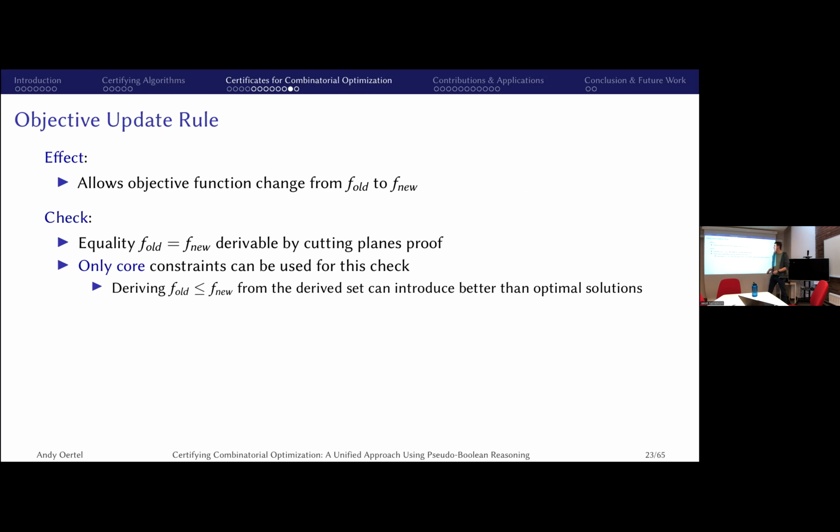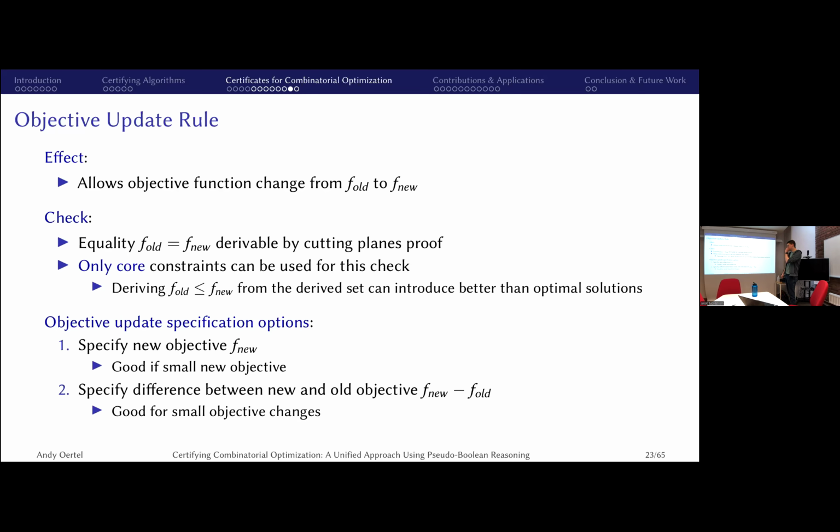Because otherwise, there's one direction, that the old objective is less equal to the new objective. If this would be in the derived set, then it would even be possible to introduce solutions that are better than optimal. So it's similar to deletions. We have to restrict from which sets we derive these conditions.